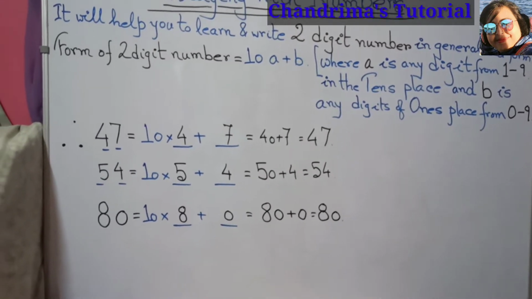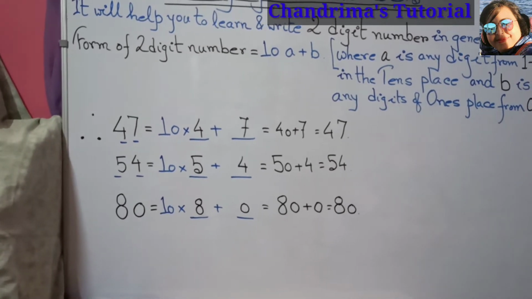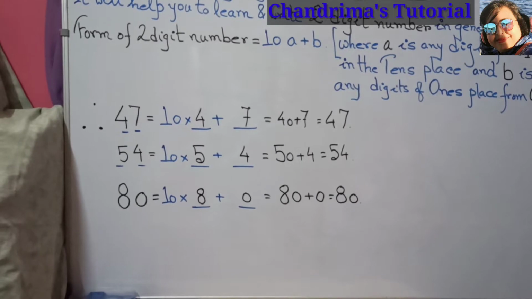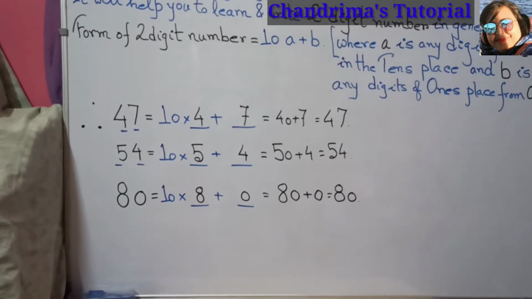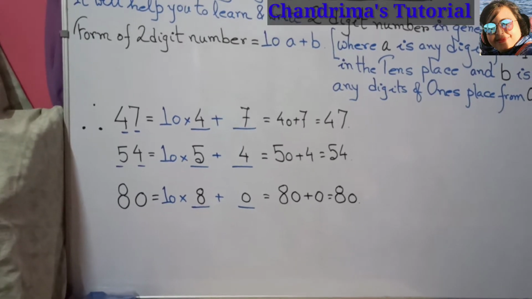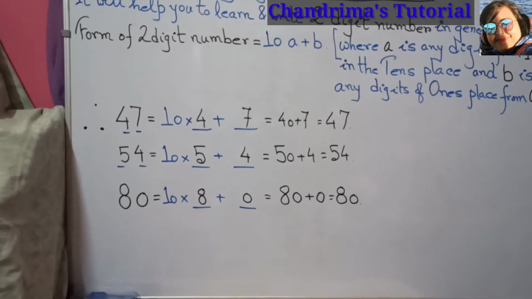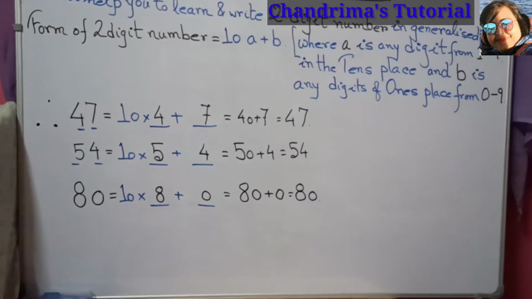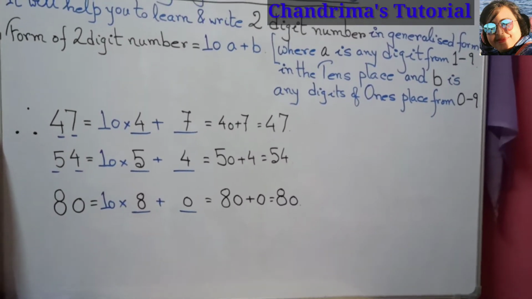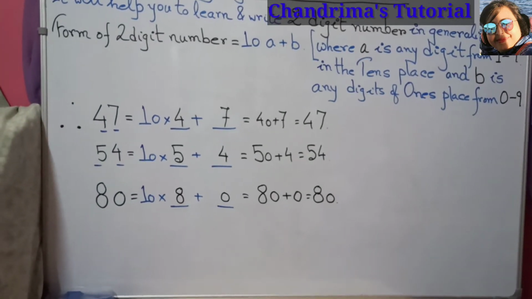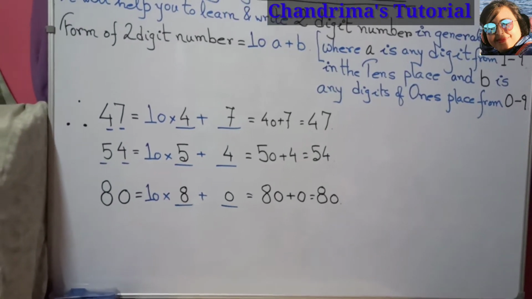Now to understand how we are applying this formula, see, I have written number 47. Now 47, how does it come? Our formula is 10a plus b. Since we know that a should be from 1 to 9, here in 47 our a is 4.